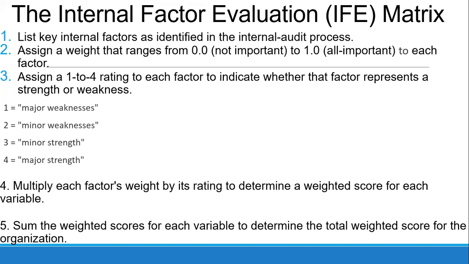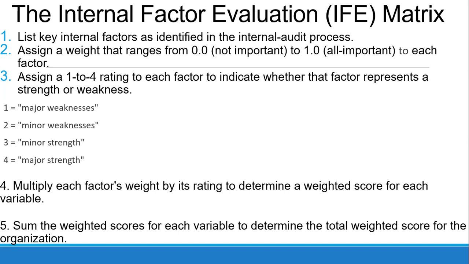Now, the scores or weights that are apportioned to these internal factors will be determined on the relative importance of these factors to organizational success. Usually, the range of the weights is from 0 to 1. So you cannot apportion 1.5 or 2 as a weight to a particular factor score.